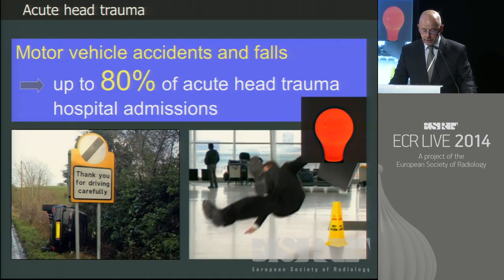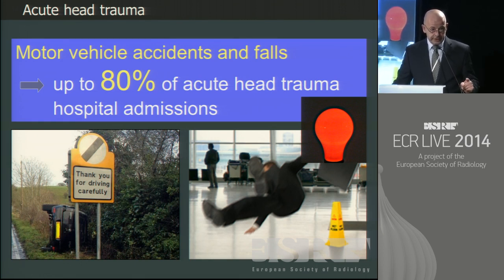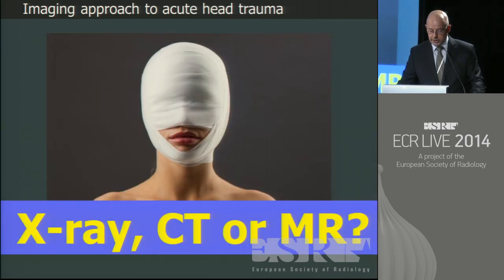If we look into the statistics, motor vehicle accidents and falls represent up to 80% of acute head trauma hospital admissions. So remember that if you have a patient from a motor vehicle accident, or just a victim of a fall, always consider that he can have a brain trauma injury.